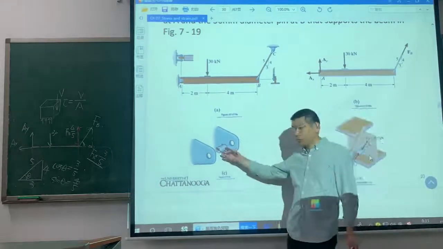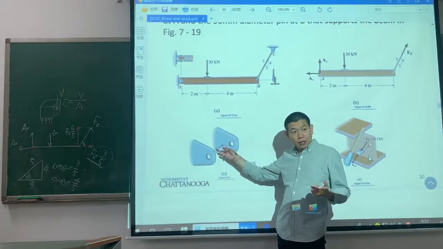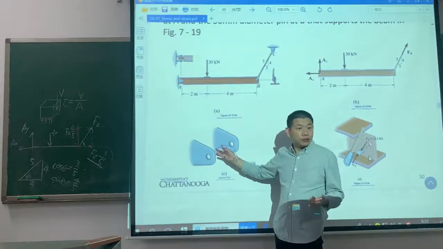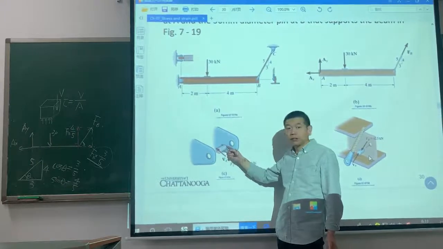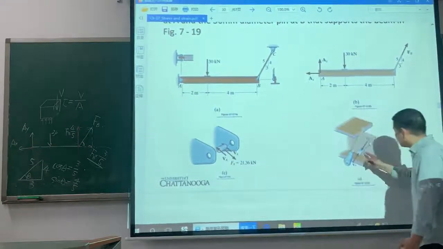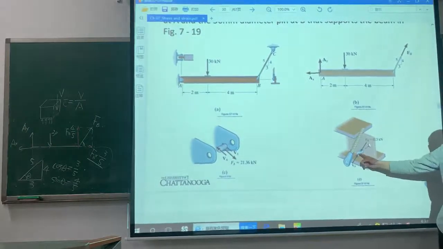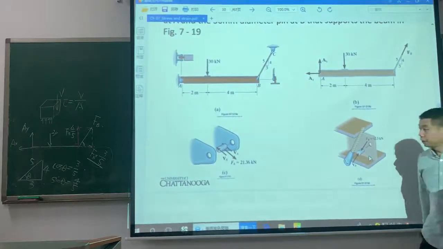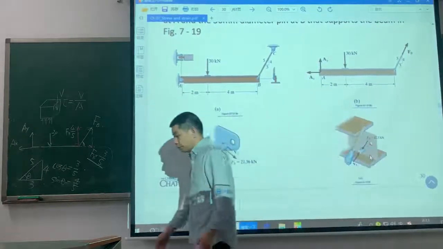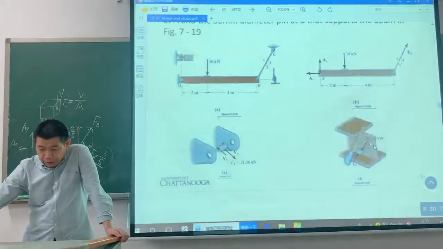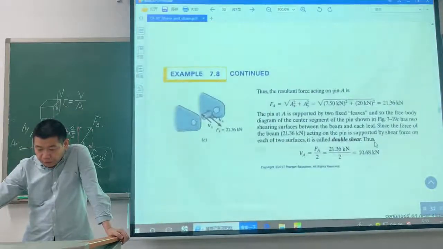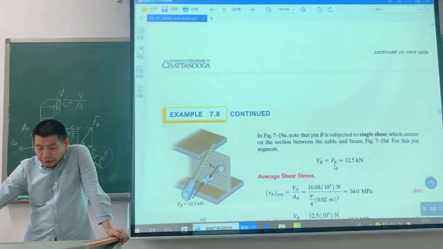For pin A, there are two shear sections, the right section and the left section. For this one, there is just one section. So VP is FB.